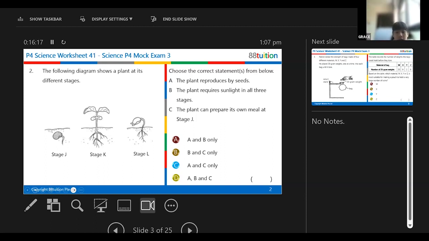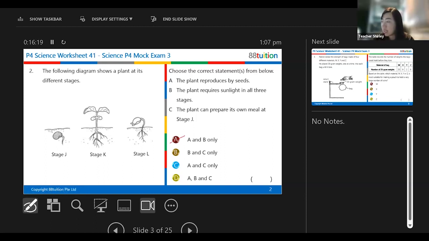A. Okay, let's see if the answer is A. The plant reproduces by seeds, definitely. You can see the seed here. The plant requires sunlight in all 3 stages. Does it require sunlight here? It requires sunlight here because there are true leaves.